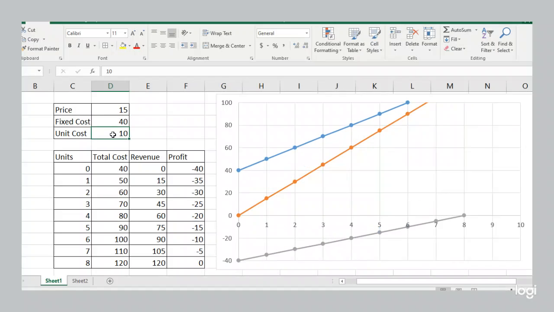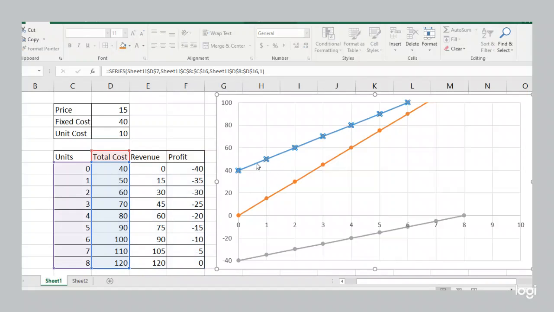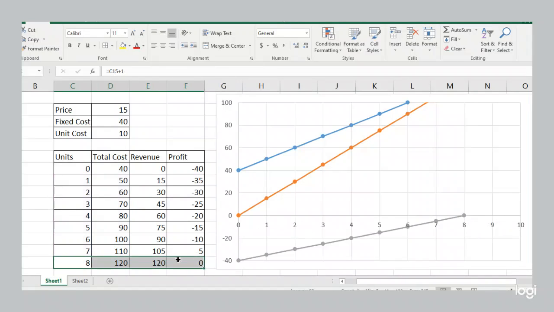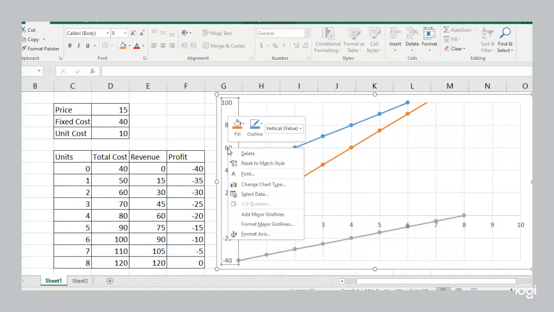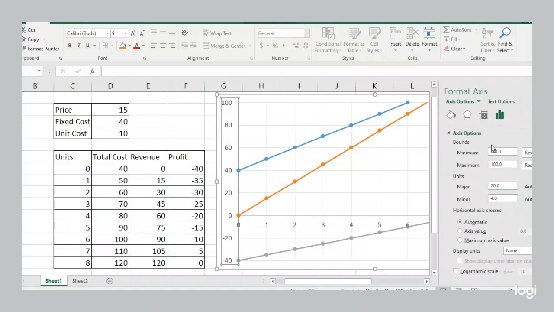The orange curve stayed the same. The blue curve, cost, is the same slope, but it's now higher up. So our profit curve became lower. Our cost is increased, our profit is now lower. Our break-even point is now further down.